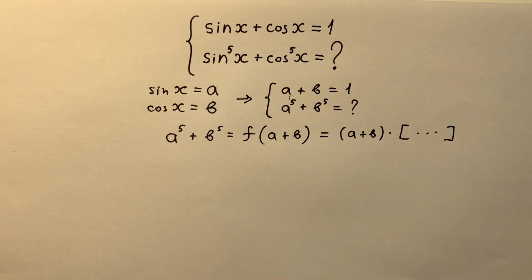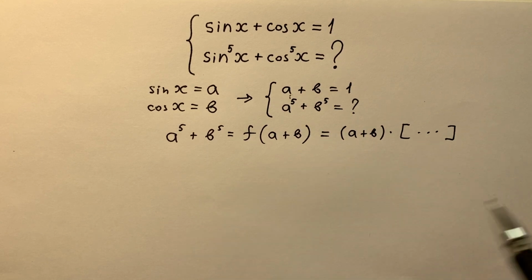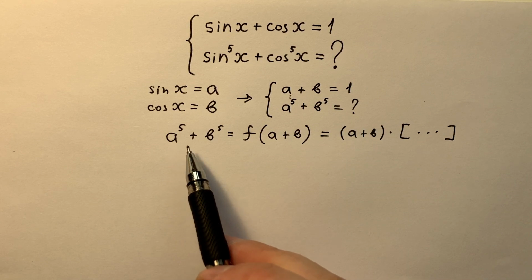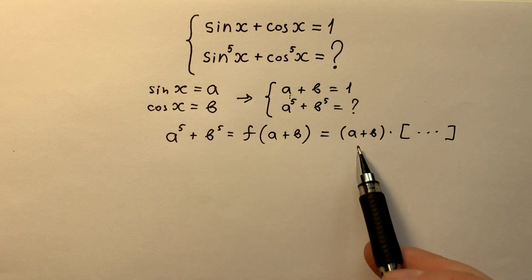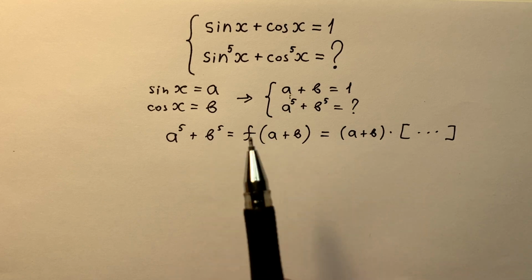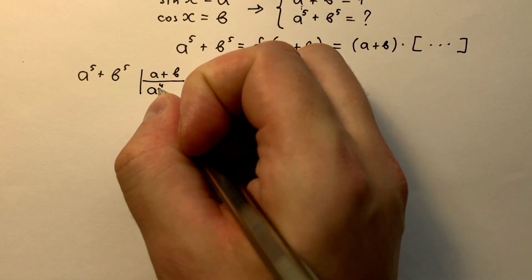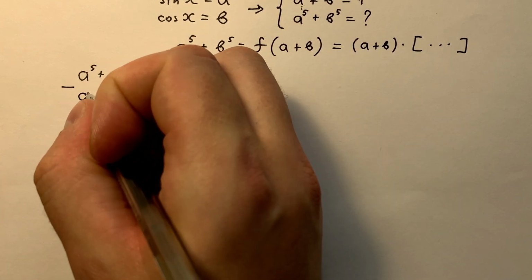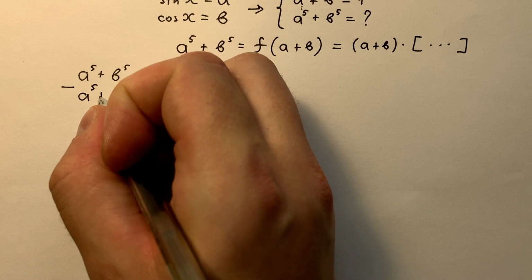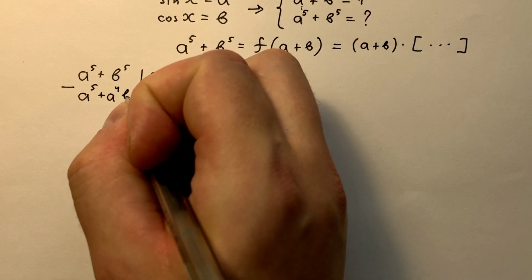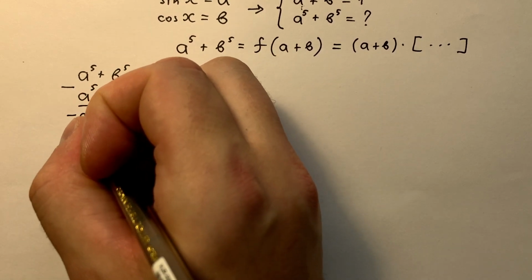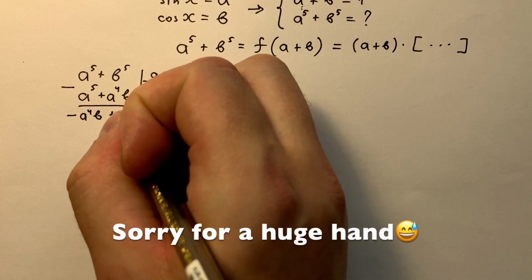But how? Let's make a really cool math trick and divide a to the power of 5 plus b to the power of 5 by a plus b by a column. In this way, we have the first member a to the power of 4 on the left, minus a to the power of 5 plus a to the power of 4 b, and we have minus a to the power of 4 b plus b to the power of 5.